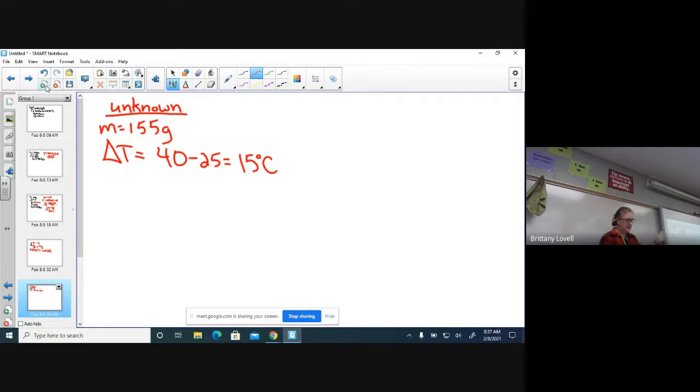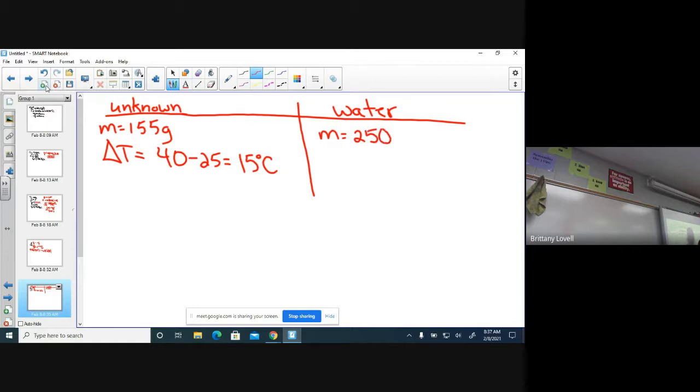It says it was then dropped into 250 grams of water. So over here, I'm going to make a water side. Got 250 grams of water that had an initial temperature of 22 degrees Celsius.